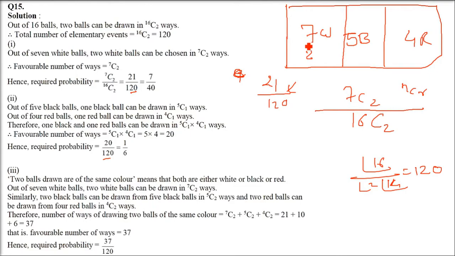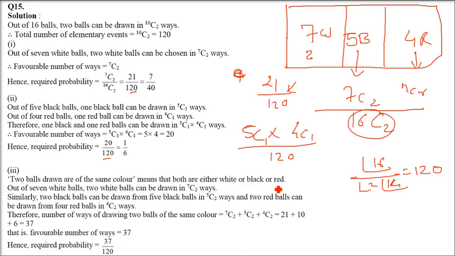One is black, so you have to choose 1 from 5, so 5C1. Then 1 from 4 red, so 4C1. So this is 5C1 into 4C1 in the numerator and 120 in the denominator. Now, whenever you have AND, just multiply.